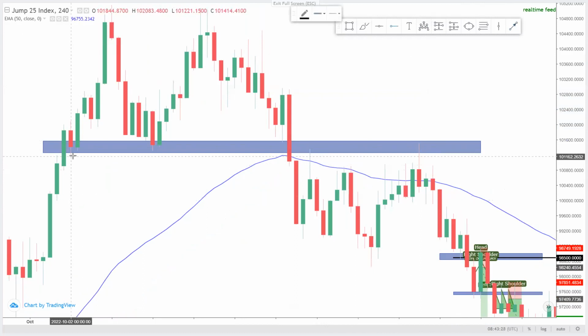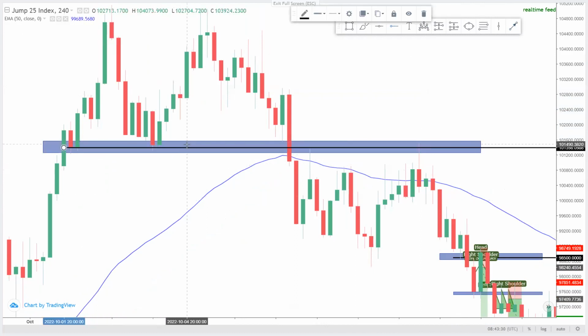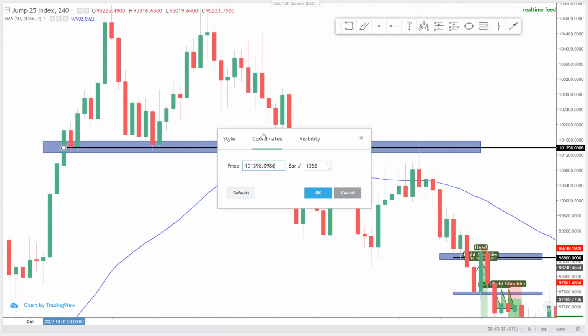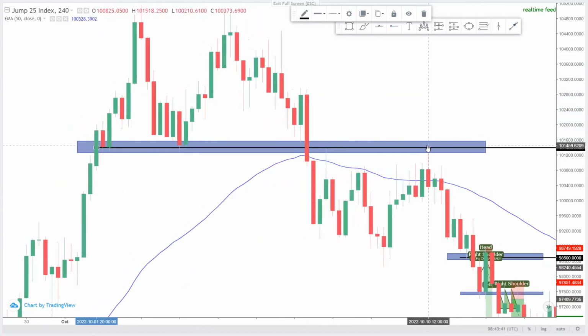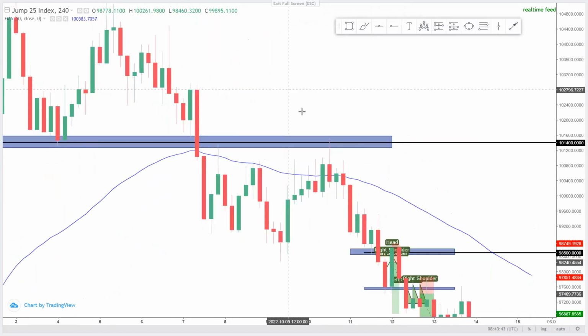Also, we had a psychological number at the level, 101,400. And this is where we move the time frame lower upon the retest of this level, just to be able to see clearer the candlestick patterns formed right at the retest of the level.